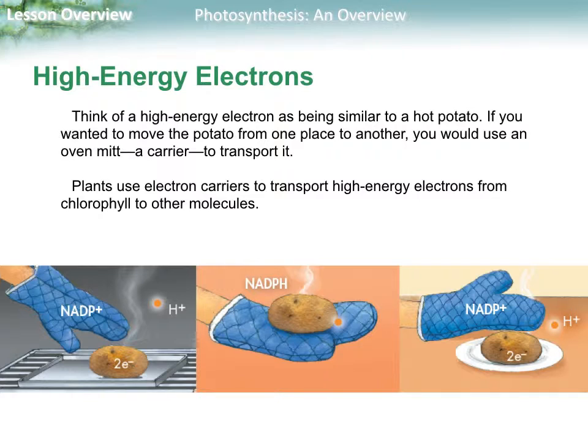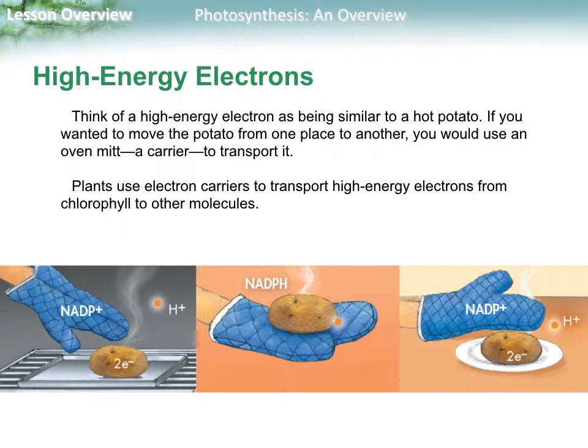The two electrons are the potato, and then you have a hydrogen there that needs to bond. So when you pick up the potato with the oven mitt, that's the NADPH taking the electrons, carrying them, and then when it puts it down, that's the transfer of energy to something else.